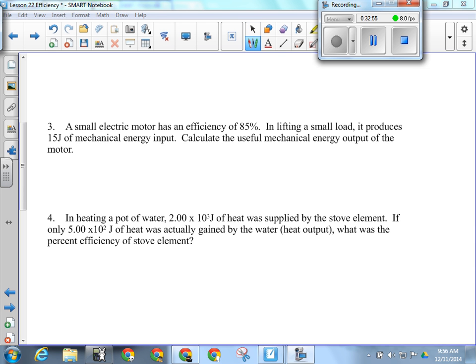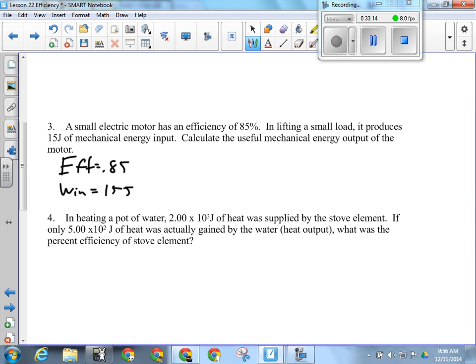All right, so we have a small electric motor that has an efficiency of 85%, so we know efficiency is 0.85. Lifting a small load, it produces 15 joules of mechanical energy input, so we've got our work in is 15 joules. We're looking for how much useful work was done. So efficiency equals work out divided by work in. We're looking for work out.